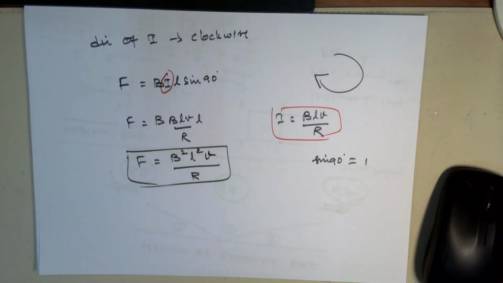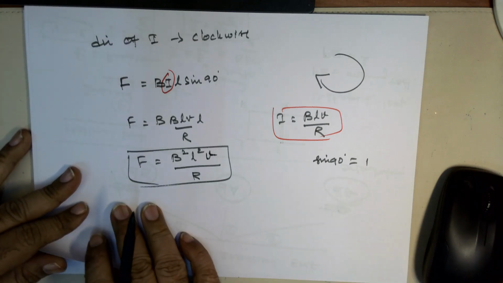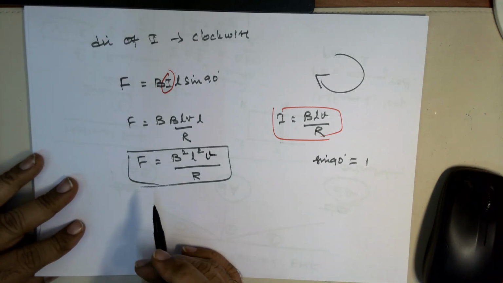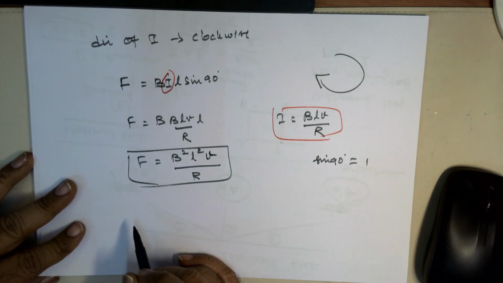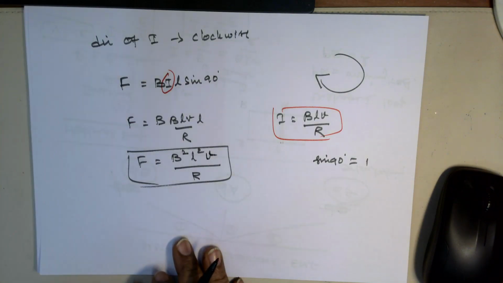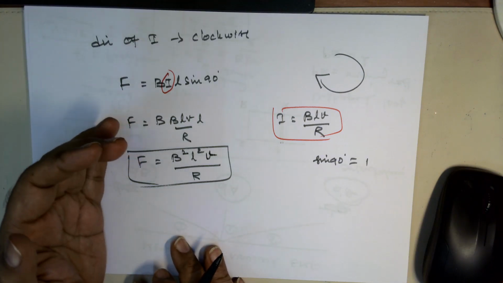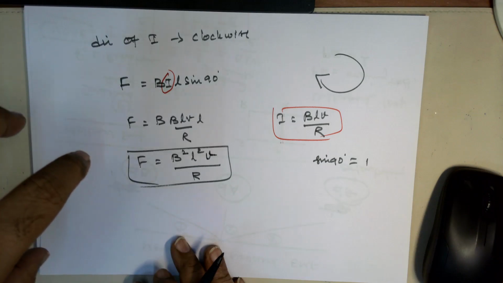So what is B? Magnetic field. L, length of the rod. V, how fast the rod is moved, right? R, the resistance. Now, to move this conductor, the power is supplied by the external force.